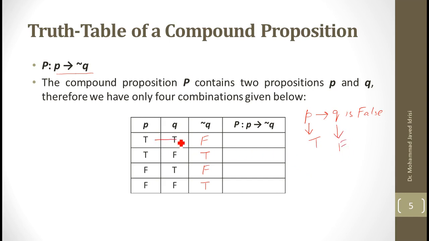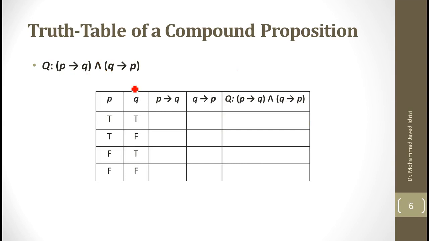So true implies false is false, true implies true is true, false implies false is also true, false implies true is true. So this is the truth table of the compound proposition P implies negation of Q.